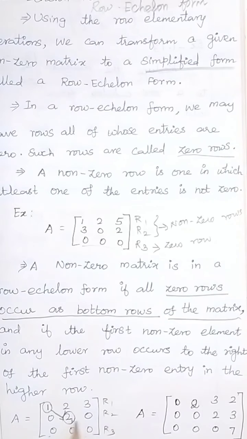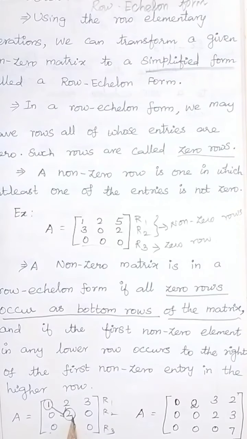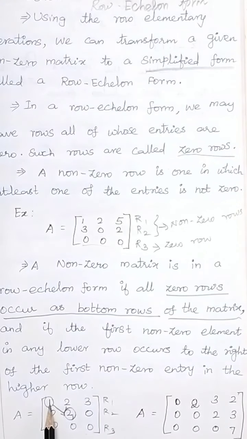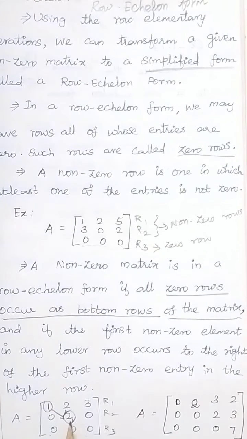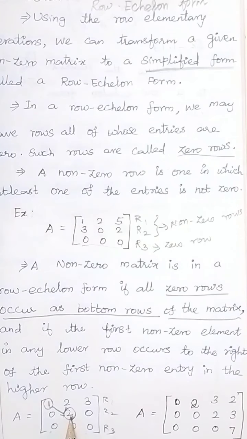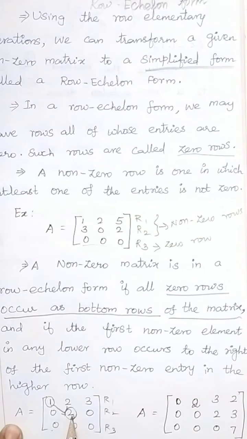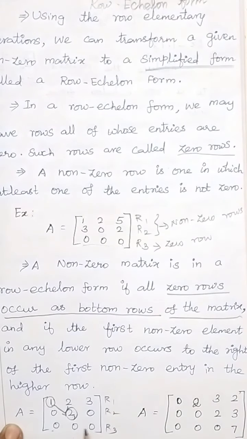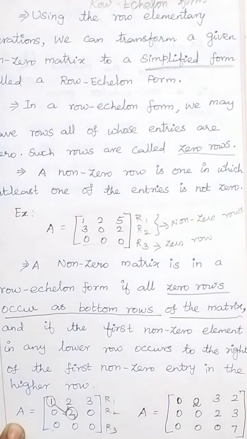This non-zero entry is to the right side of the first non-zero entry, which means this is a row echelon form. Otherwise it is not a row echelon form, right? Do you understand, girls? This is a very important concept, so give it more attention.